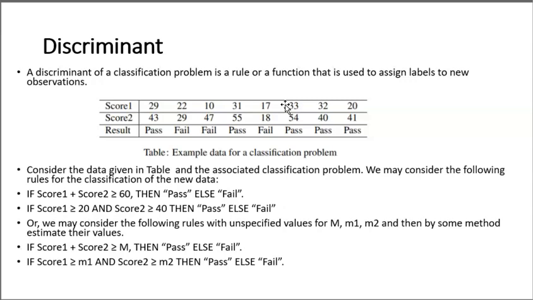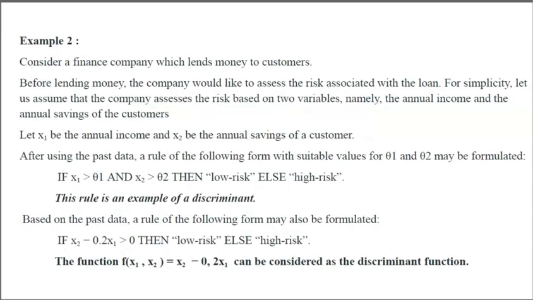Or another method is that we can assign variables and then iterate to find the best possible value, or estimate the value using some other methods. For example, score 1 plus score 2 greater than or equal to m, score 1 greater than m1 and score 2 greater than m2, then they will be pass, otherwise they will be fail.